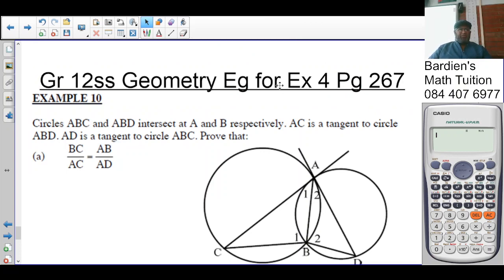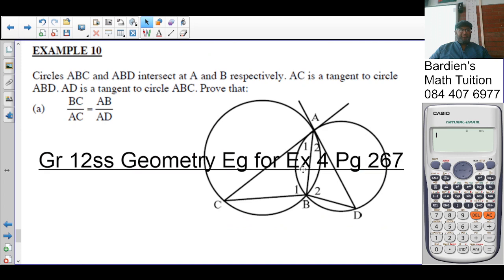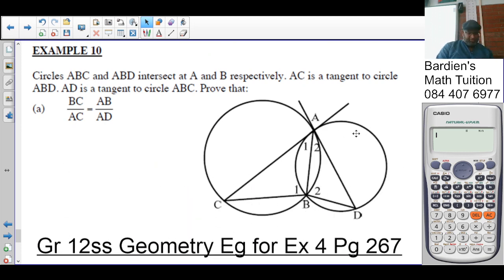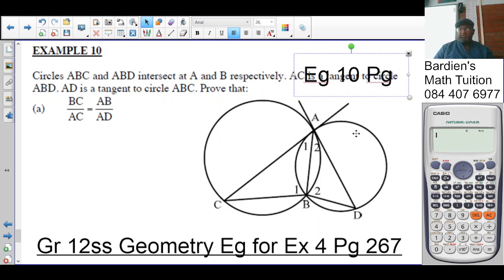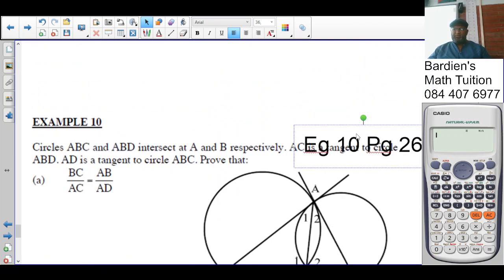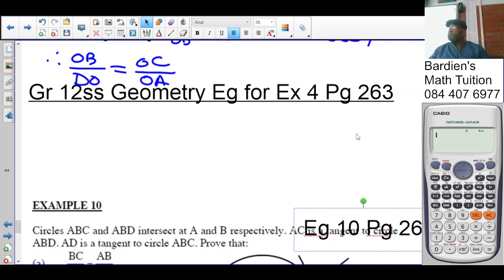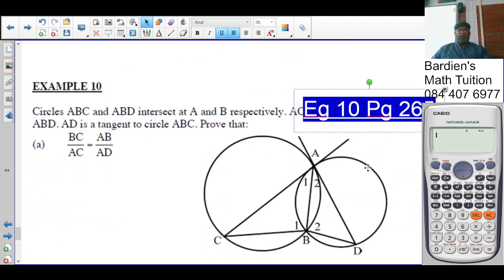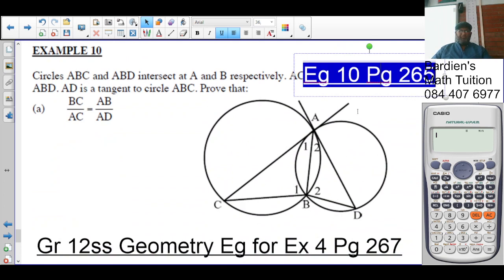Okay, so in example 10, let's put here page, example 10, and this is on page 265. So we're looking at example 10 on page 265.